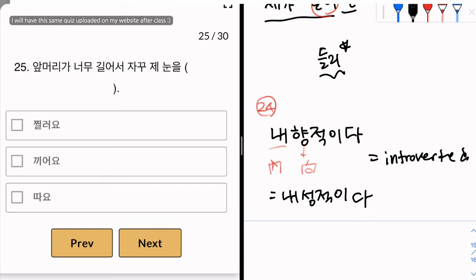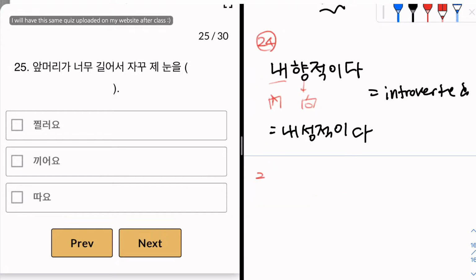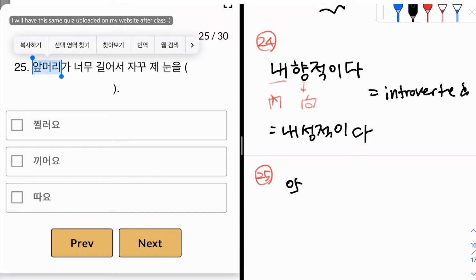And next one, 25번. 앞머리가 너무 길어서 자꾸 제 눈을 blink. That 앞머리, it literally means front hair, right? Front hair, so it means bang, your front hair, your fringe. 앞머리가 너무 길어서, it's too long.